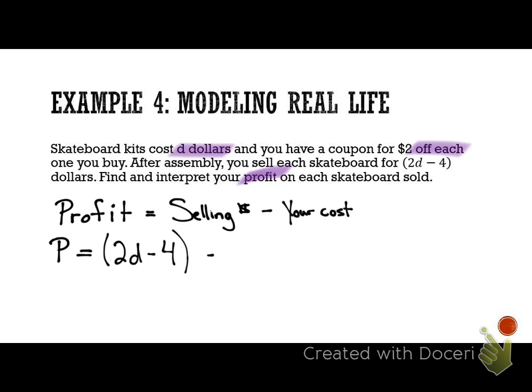But then I have to subtract my cost. I bought a kit. D stands for the kit. But then I saved $2 with my coupon. Again, you might think, you just told me that, but that would be very difficult for me to come up with on my own. That's okay, because I'm not going to ask you to do it for another week, and you will be better at these in a week, I promise.